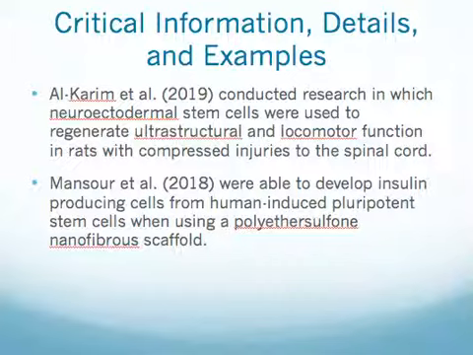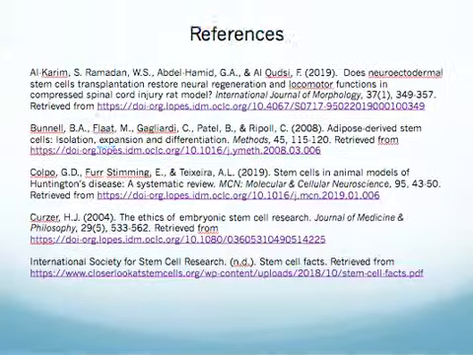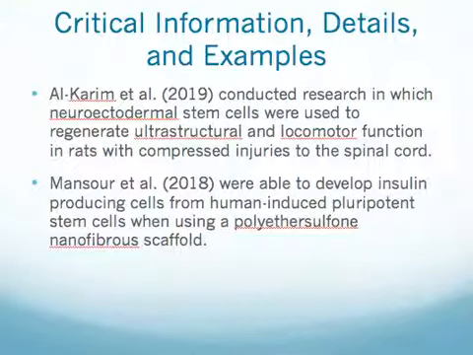And then finally, Mansur et al. in 2018 were able to develop insulin-producing cells from human-induced pluripotent stem cells, but they had to use a scaffold to do this. When they initially started this one, they tried to grow the cells in culture.